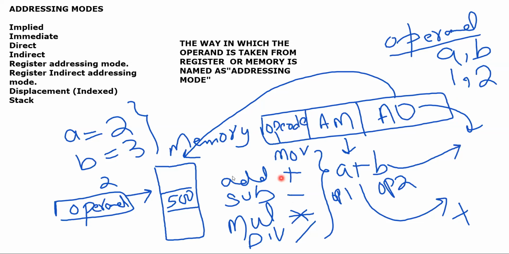Opcode means your instruction mnemonics, for example, move, add, sub, mul, div. AM means addressing mode; addressing mode decides which types of operations are performed on operands. And the third one is address of operand, meaning effective address. With the help of AO, you can easily identify the address of the operand in the memory. Now let's discuss the addressing modes one by one.